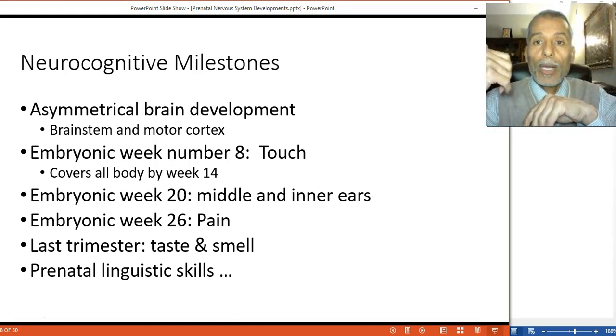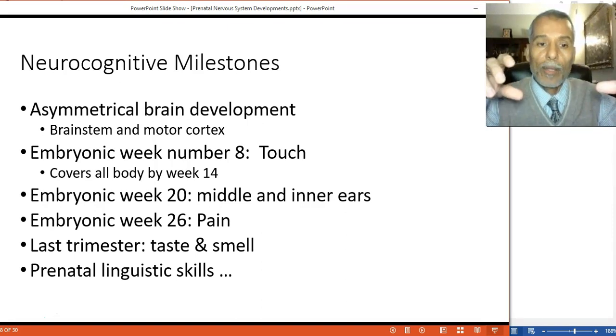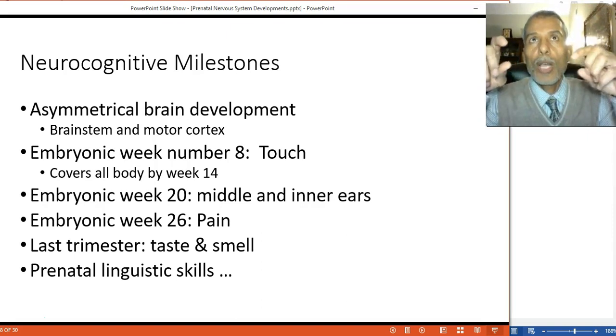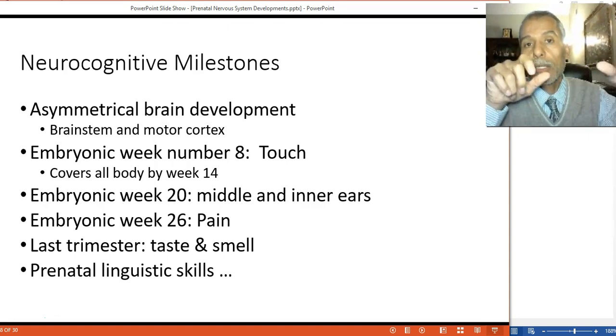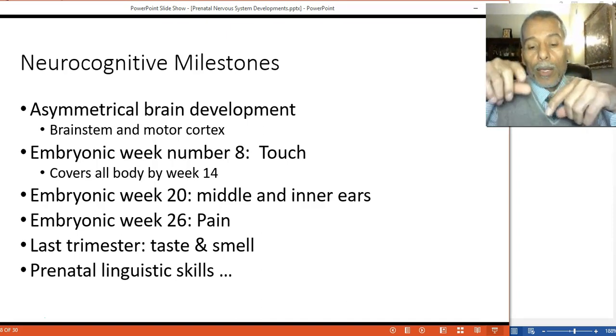The baby can recognize the mother's voice before birth. When they have a tape recorder and they tape the mother's voice and another person's voice, and they play them, the fetus is going to have an accelerated heartbeat when it listens to the mother's voice. The same for the native language of the mother.